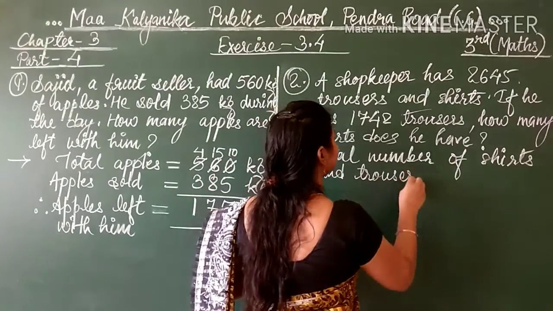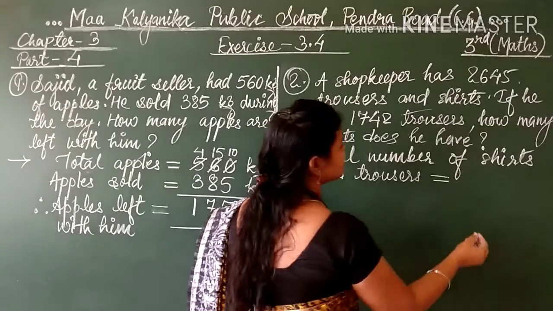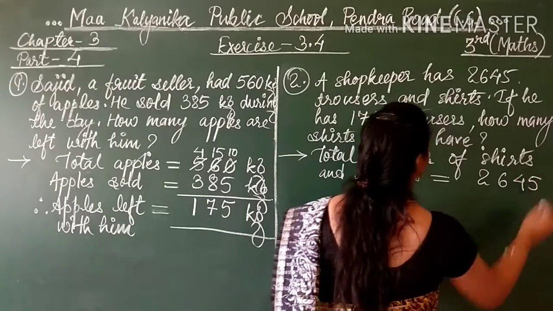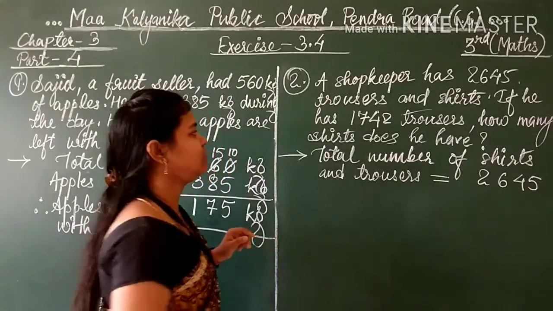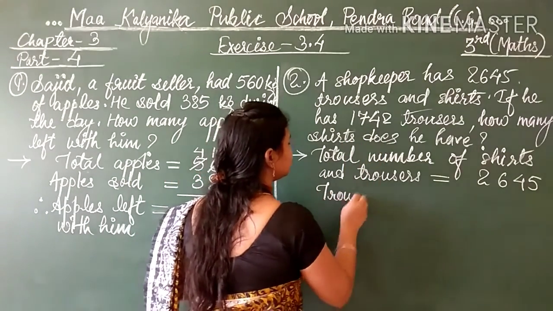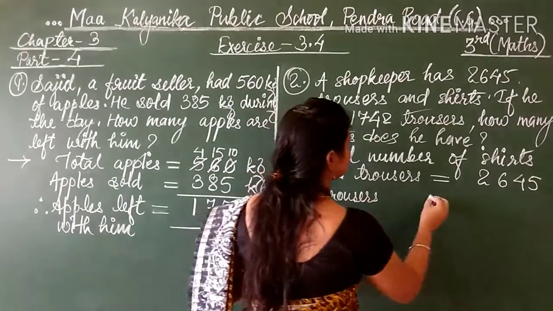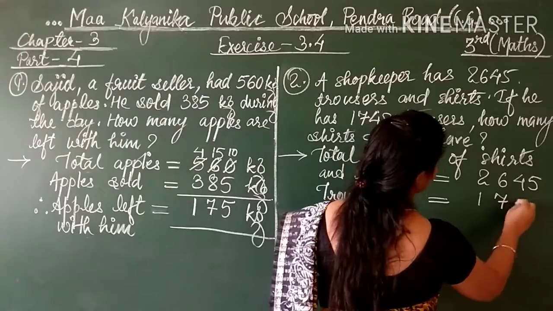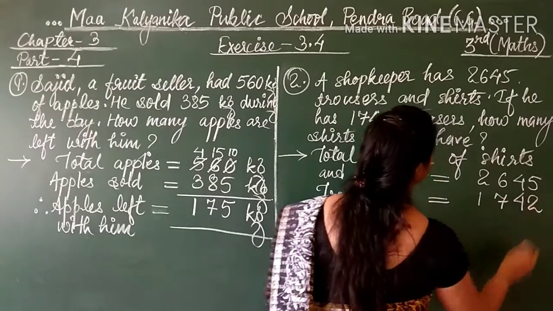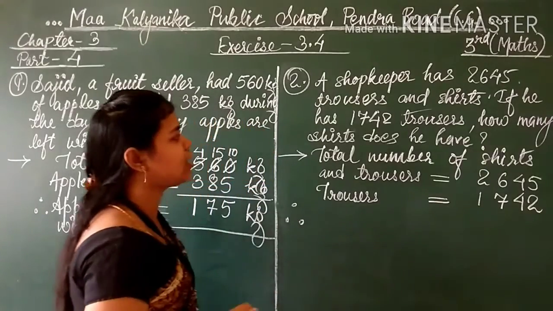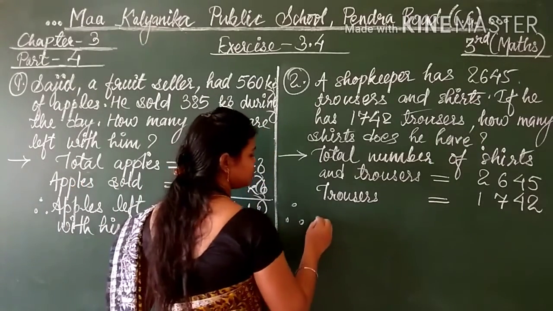So total number of shirts and trousers is equal to 2645. Okay. So now if he has this much trousers, so trousers is equal to, how many trousers are there? 1742. If this is the trousers, so therefore the question is how many shirts does he have?